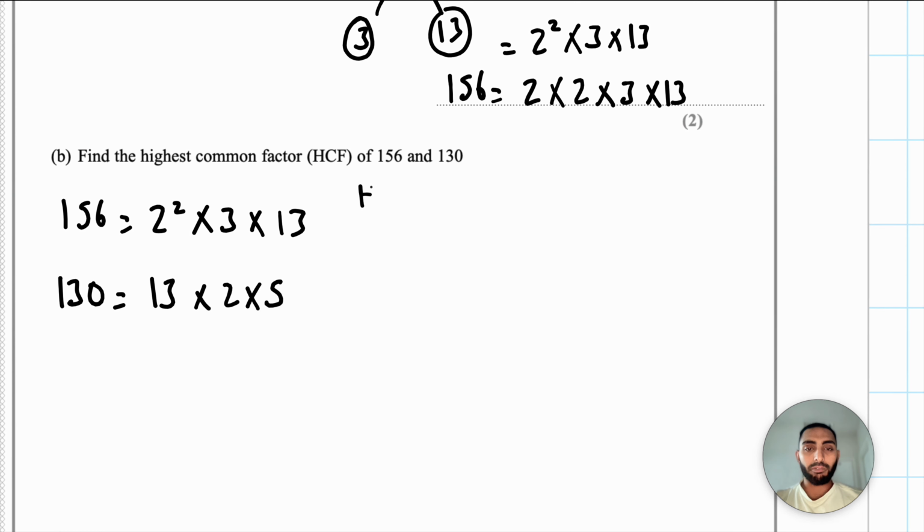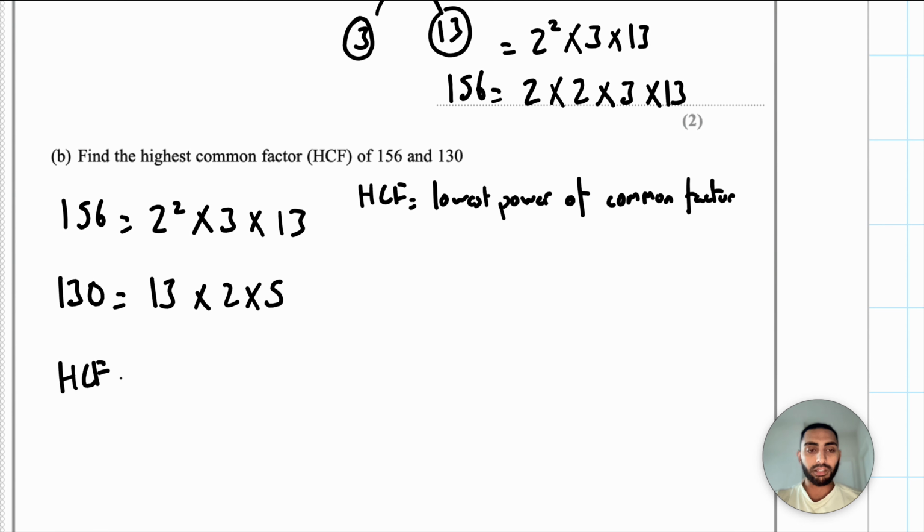To find the highest common factor, all I need to do is find the lowest power of the common factors. I can see there's a 13 here and there's a 13 here, and the power of that would be just 13. So the highest common factor is 13 so far. Of the 2, there's a 2 that's common in both of them, and the lowest power is 2 to the power of 1.